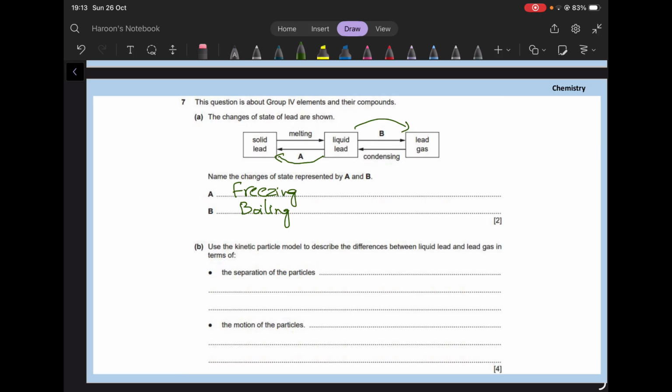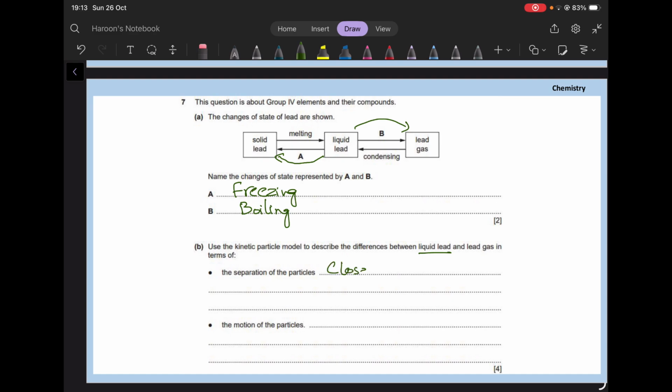Next, use the kinetic model to describe the differences between liquid lead and gaseous lead in terms of separation between the particles. In a liquid state, the particles are actually closer together. Basically, separation means how far the particles are from each other.